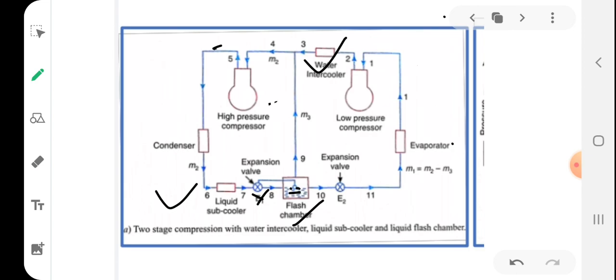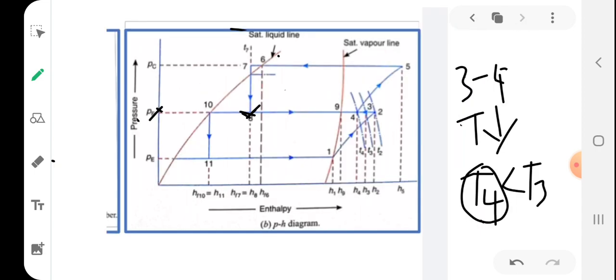The vapor will move upwards to the high pressure compressor, and the saturated liquid will pass to the second expansion valve. So that is happening here. From 8, it gets separated, and the vapor portion moves to the high pressure compressor.